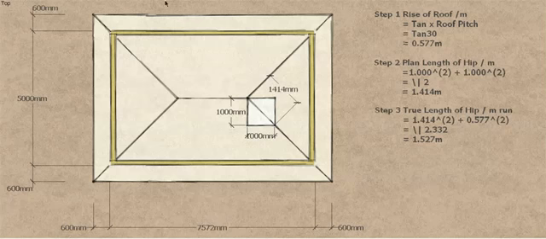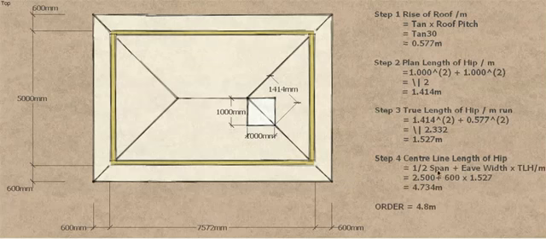So now what we do is we grab the half span and we times it by that true length of the hip. Now, just to make the calculation easier, we can also add our eave width in here because we're looking for the overall length of the hip right out to this corner. So a half span plus our eave width times by our true length of the hip per metre will give us our answer.